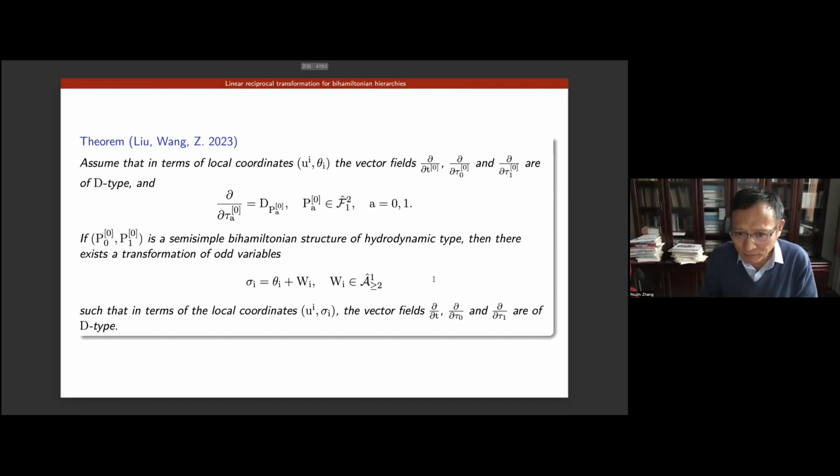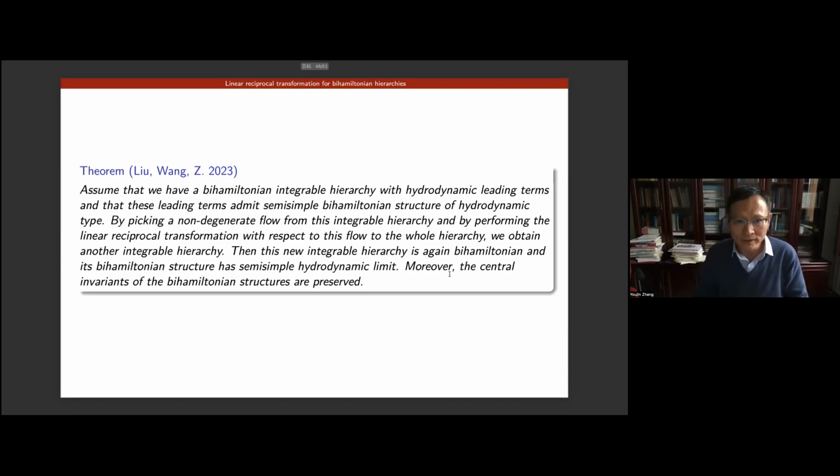To study the transformation rule of the dispersion terms for the bihamiltonian structure and the bihamiltonian flows, we can use this theorem, because we can perform a change of the odd variables to always transform the whole bihamiltonian structure and the bihamiltonian flows to D type flows. Then using this theorem, we can prove the main result that I am going to explain.